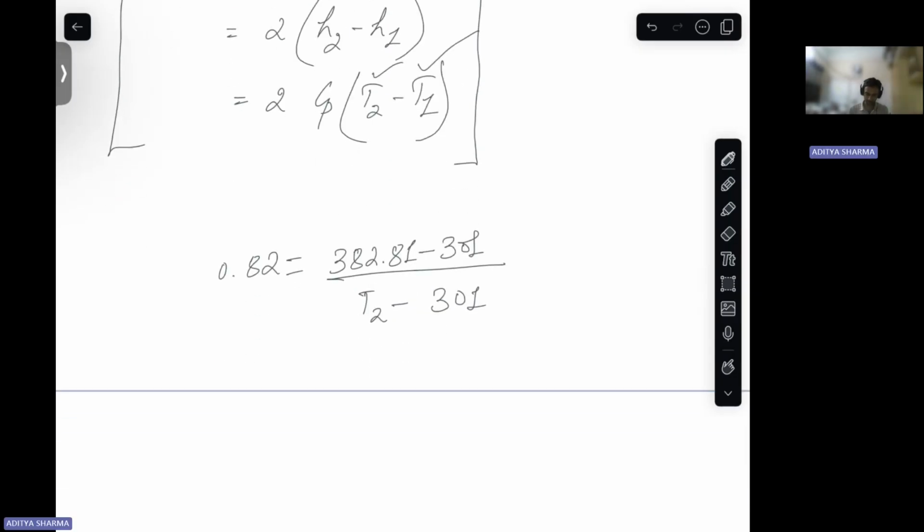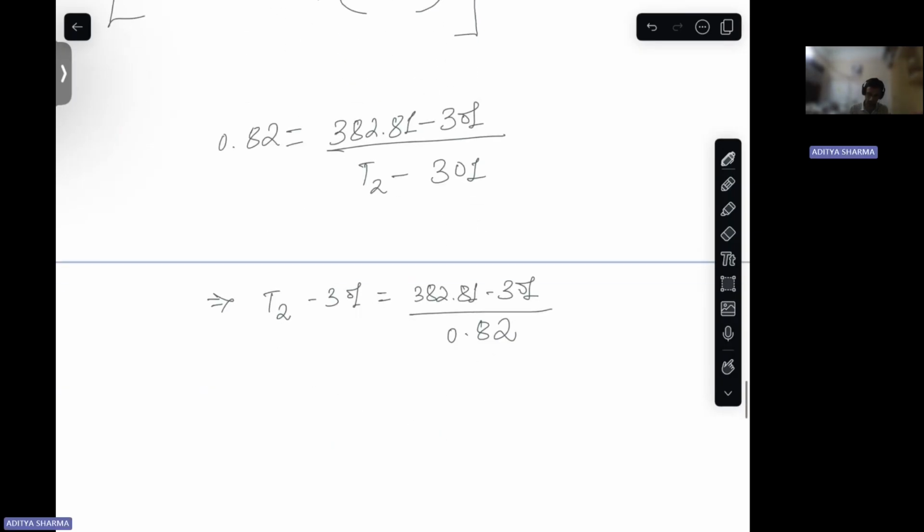Okay. Then this implies T2 minus 301 is equal to (382.81 minus 301) divided by 0.82. Okay.